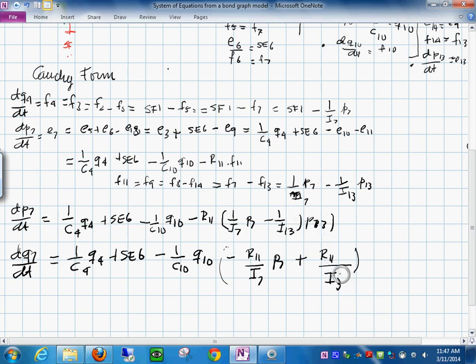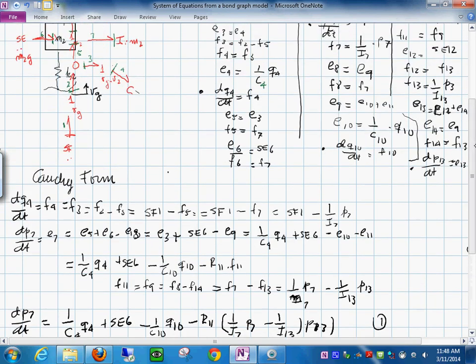And then we need to multiply by this P13, right? Yeah. That is the second equation, 1 and 2. We still need to go 2 more, but we'll wait on this.